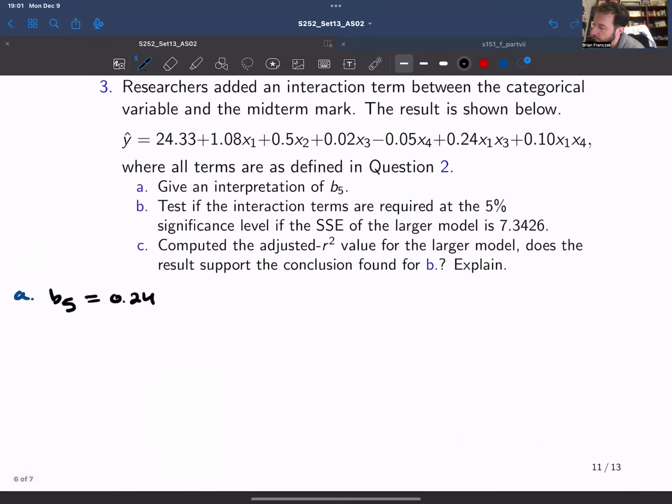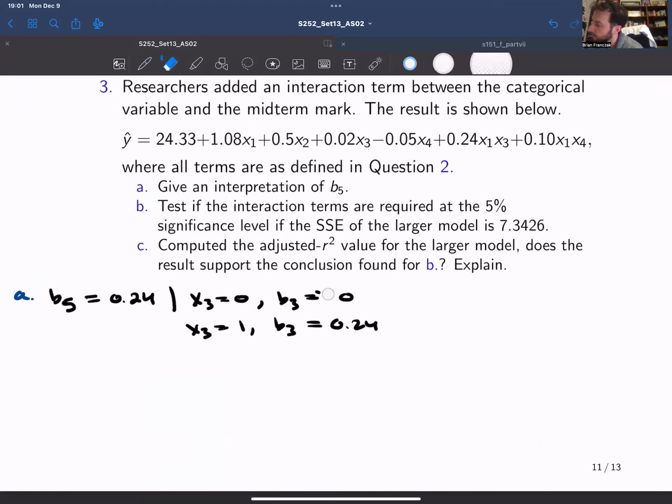So first off, let's just consider 2 things. When x3 is 0, b3 goes to 0, right? So when x3 is equal to 0, this term cancels out, so it doesn't have any effect. When x3 is equal to 1, b3 is equal to 0.24 in the model.